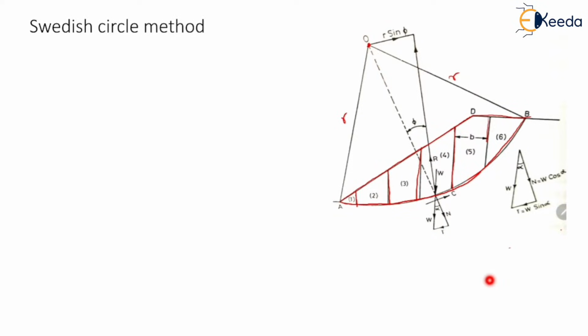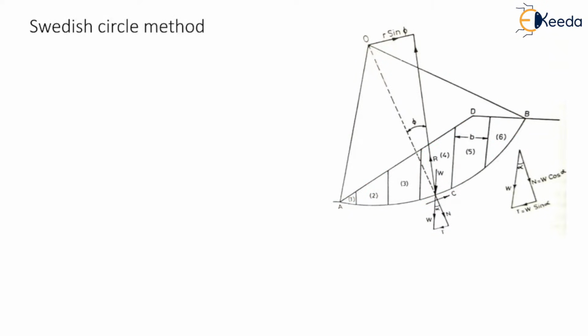In case of homogeneous soil, these slices are of equal width. But if the soil is non-homogeneous, suppose this slip surface is passing through more than one type of material, then the vertical line will be present at the junction of the two materials. Means that condition will govern the width of the slice.